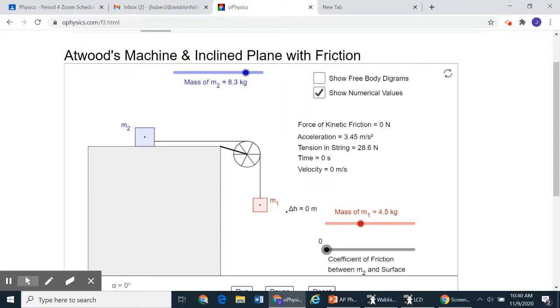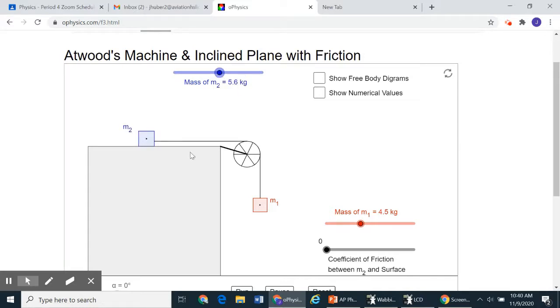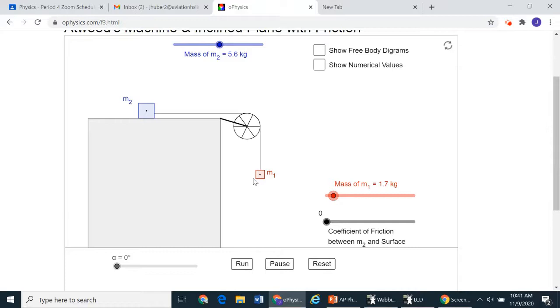The other thing I want to point out while we have this open is that you can change the masses of these objects, and because this surface is frictionless, it doesn't actually matter if the object that's hanging is smaller than the object that's on the table. I have a general sense after teaching this for a number of years that that's a misconception that kids have, probably because so much of your everyday life is spent dealing with situations where there is friction.